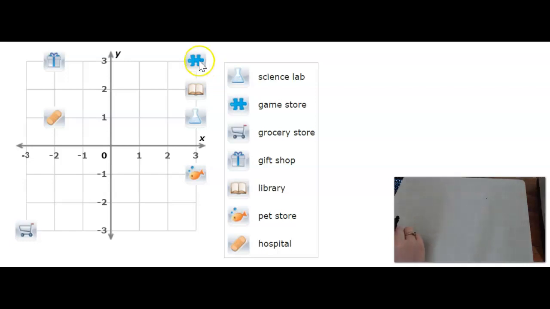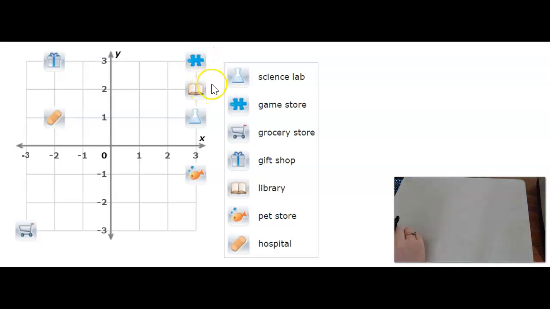So when we have the game store here, we have a library, science lab, pet store. They all have the same y or x coordinate right here, right? Let's just talk about the game store real quick, and we're going to compare it first to the library.